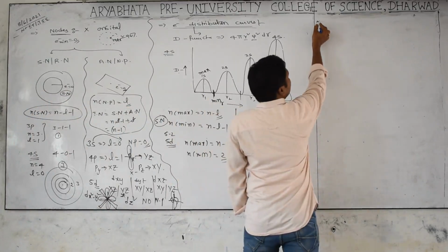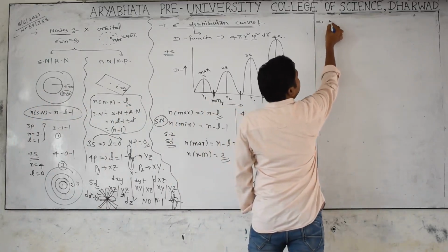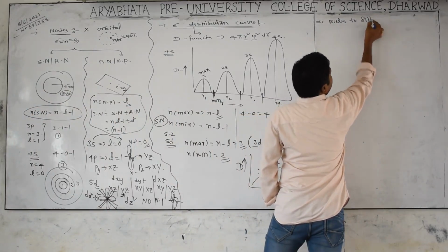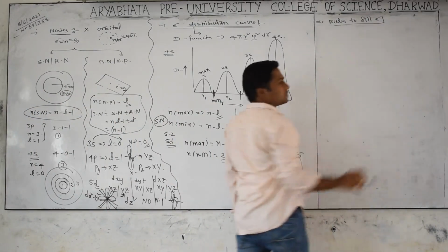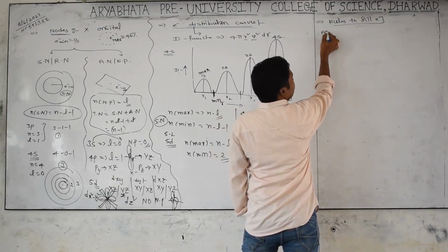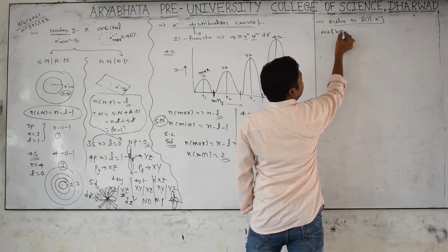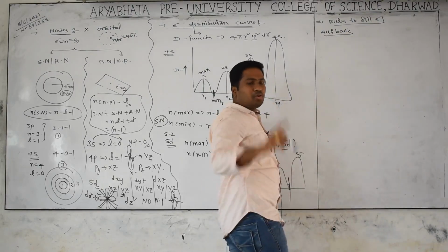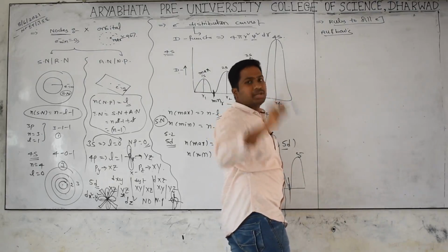Now we are going to rules to fill the electrons, rules to fill electrons in various atomic orbitals. We have 3 rules. First one we are discussing is Aufbau principle. Aufbau principle means always electron should enter into the least energy orbital.